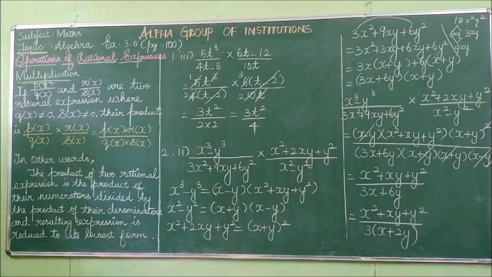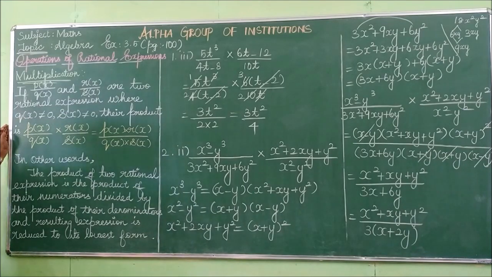A rational expression is the ratio of 2 polynomials, that means p of x divided by q of x. Generally, in mathematics, there are 4 operations: addition, subtraction, multiplication, division. So only that we are going to see in rational expressions also.